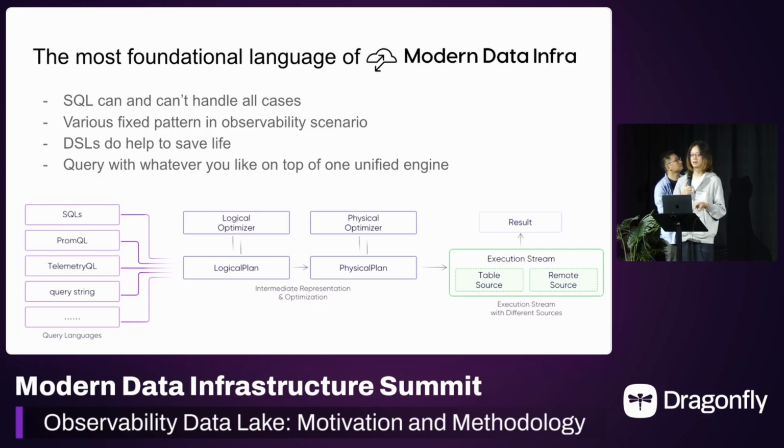For example, maybe the most well-used DSL, PromQL by Prometheus. Many of you might have used it. It can draw lines in a very efficient way. It can replace maybe 10 lines of SQL with one line of PromQL.